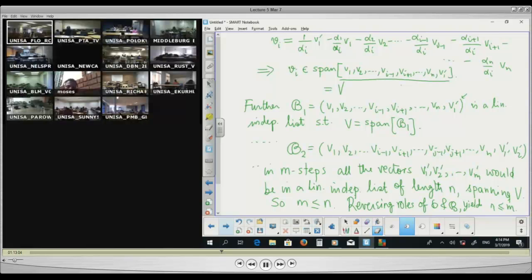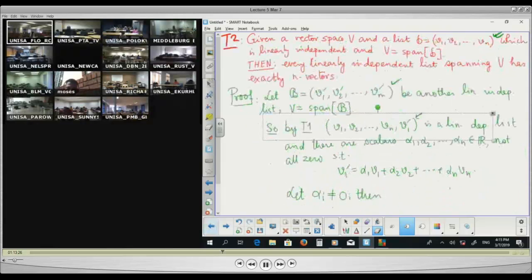Okay? So now observe. This was what you were doing. So you now just reverse the roles of this and this. Okay? So if you reverse the roles, you'll get a double inequality. And hence, n must be equal to m. Okay?